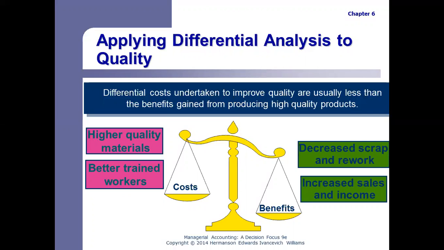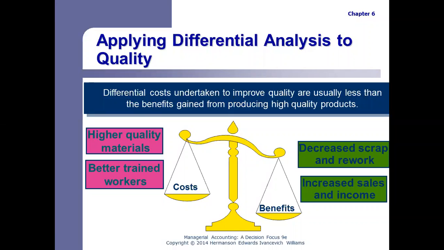But then, and these are non-accounting, non-numeric considerations, we lose quality control. If we make it ourselves, we can control quality. On the other hand, if we buy the product from a third party, we don't have control over the quality of the materials. We have to depend on the supplier to control the quality. So we lose quality control by outsourcing.